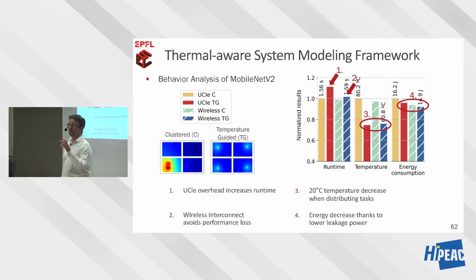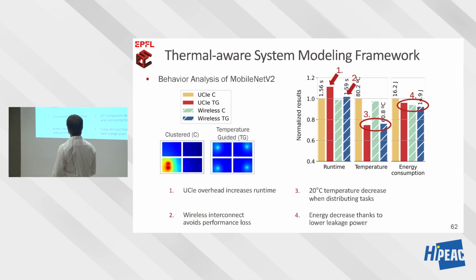But if you need more results, here they are. If you have a wired solution, UCIe is the wired, and C means cluster, TG means temperature guided, so spreading the workload to physically distant locations as much as possible. If you do a thermally guided wired solution, your performance just goes down like a rock.